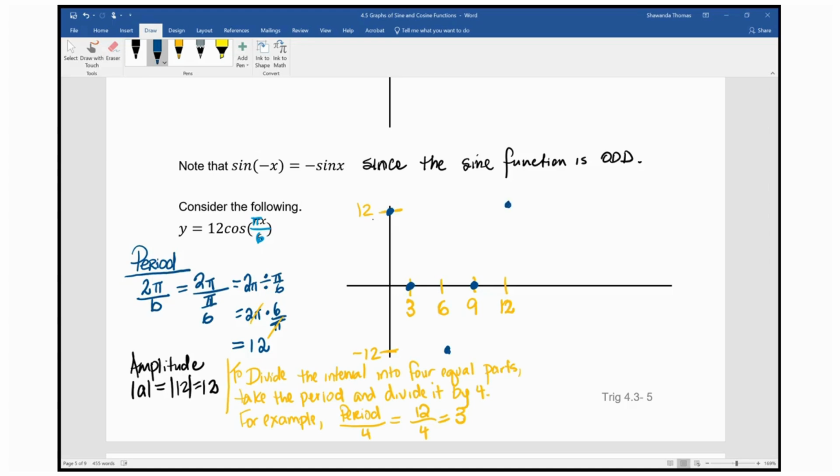So it's going to be doing something like this again. This is one cycle or one period.